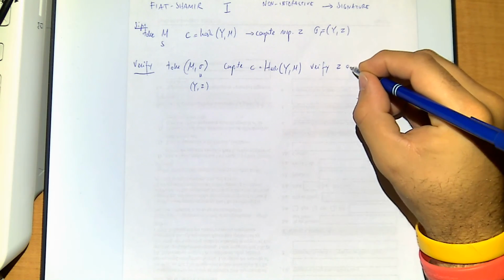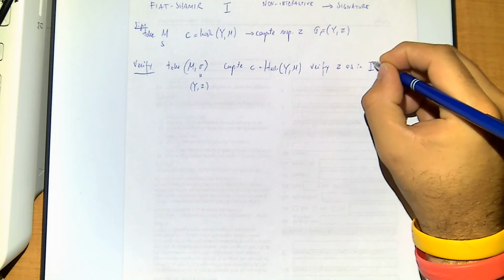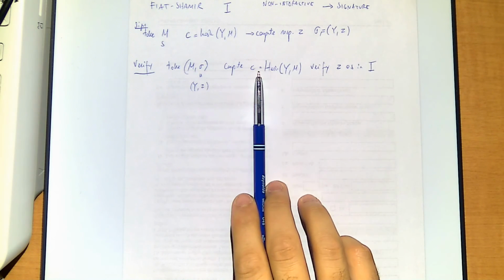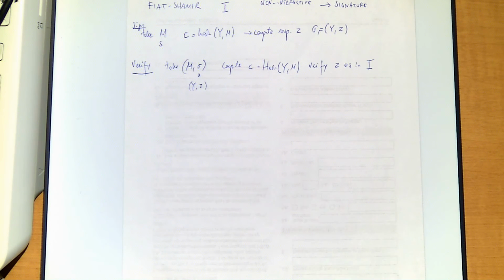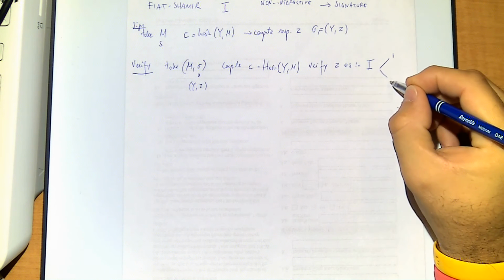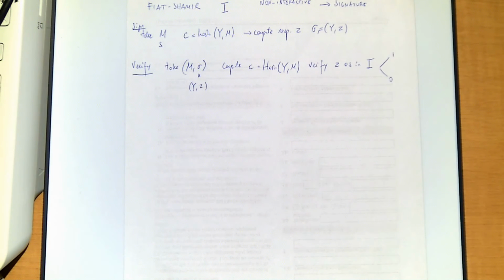And then verify Z as in the identification scheme. Because now you have the challenge, the response, the commitment, everything. And since the commitment goes in the hash, it makes it very hard to change it based on the challenge that you get. Exactly. You lock it in with the hash.